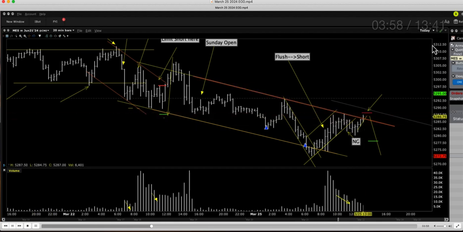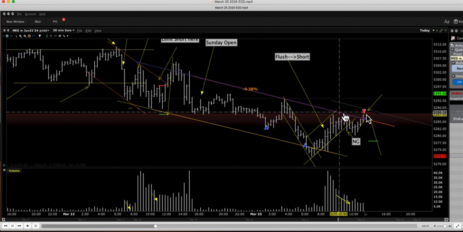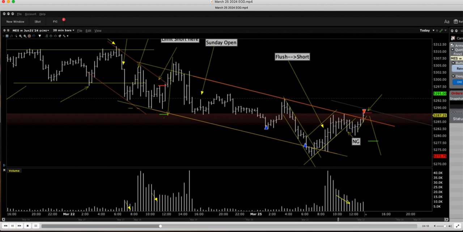Okay, so in here, I'm filled. I took a full position in here, and again would have added maybe half a position if it does flush in here or higher, because the trend is still down.